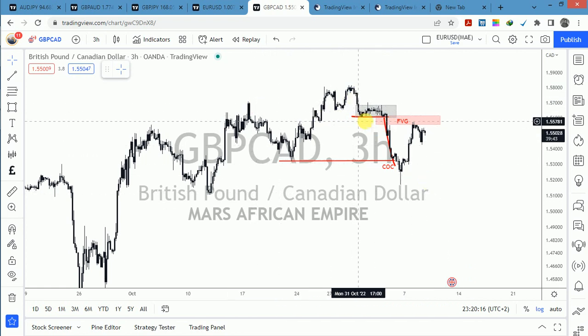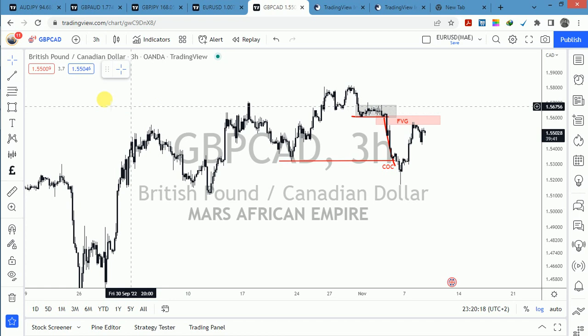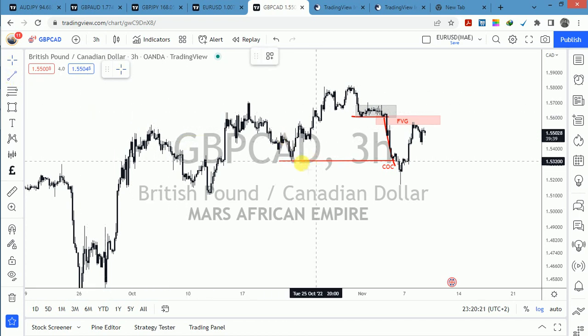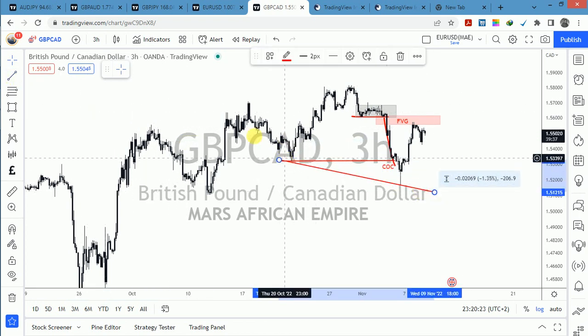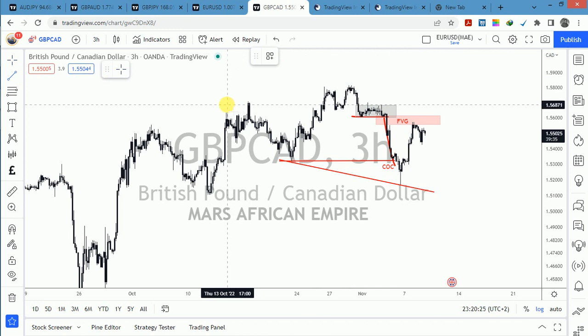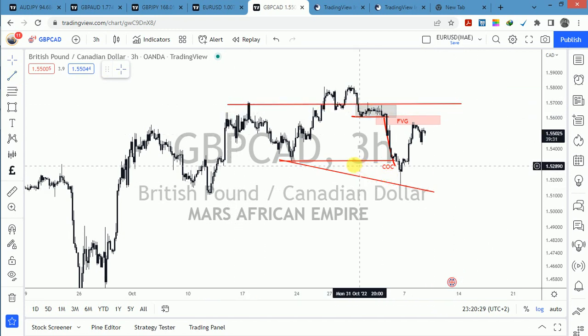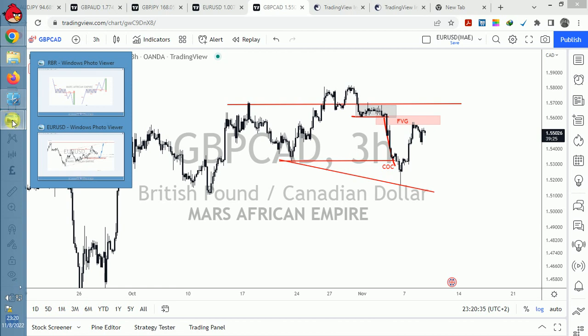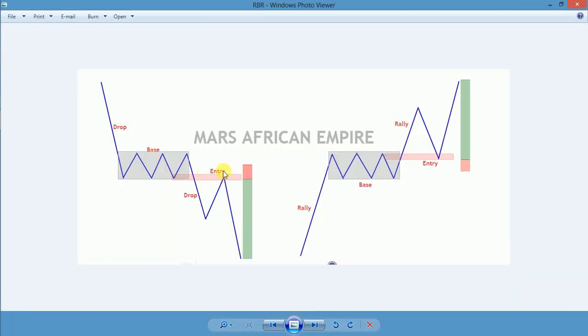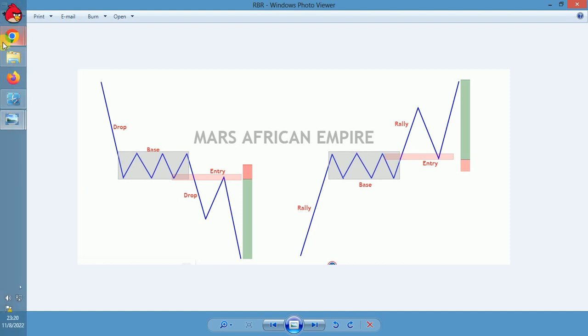So the base is there, and I can see there is a QML there. Okay, nice. So base, drop, base, and then drop. Drop, base, drop, we come back, we retest, and then we continue to go down.